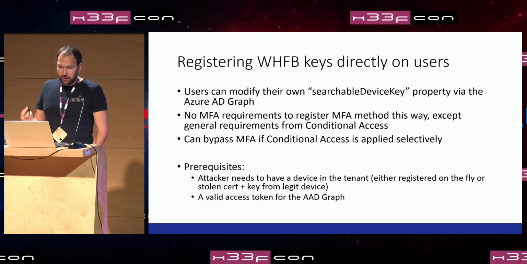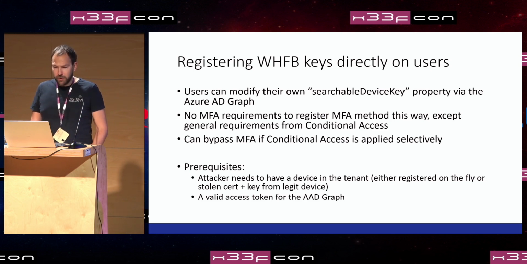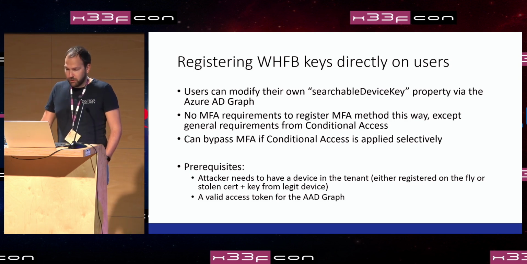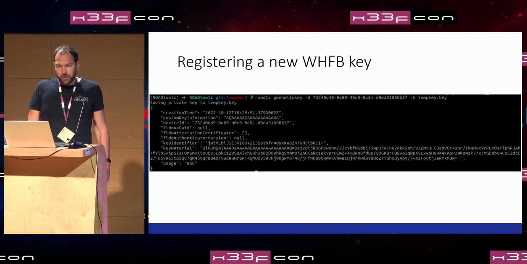You also need to have a device in the tenant. That could be a legitimate device or a device the attacker registers, and usually anyone is allowed to register devices. Apart from that, just with a valid access token, we can provision this new key. So that was pretty easy. There's also a command in ROADtx to generate these keys.